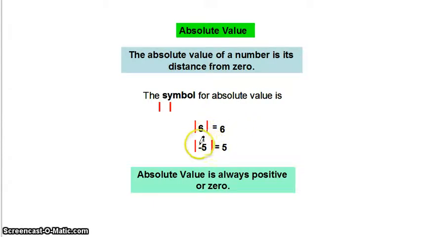And if I ask the absolute value of -5, I'm really asking how far away from 0 is -5. You're going to tell me it is 5 places away. So both of these give me a positive answer because you're just telling me the distance away from 0. So it is always positive, or 0 if you're asking how far away 0 is from 0.